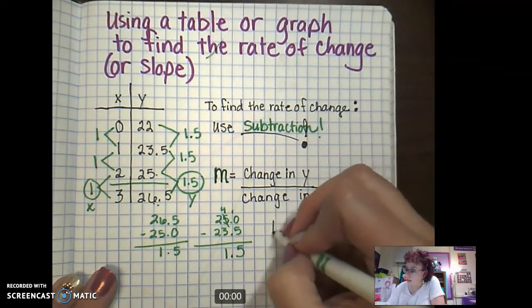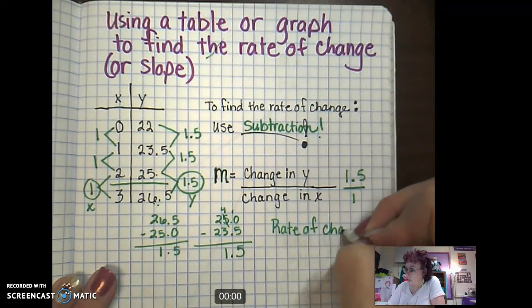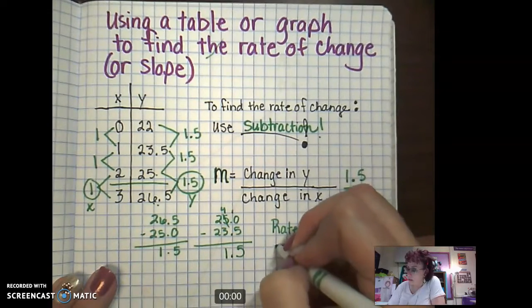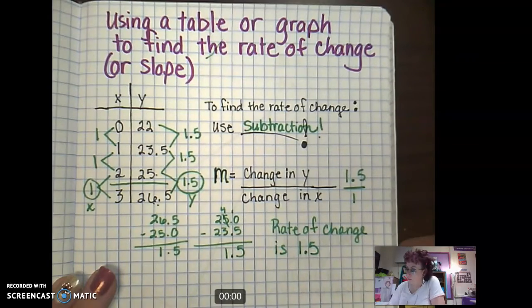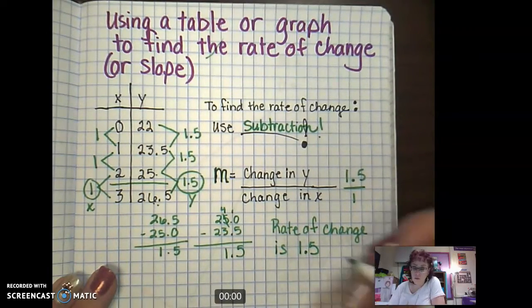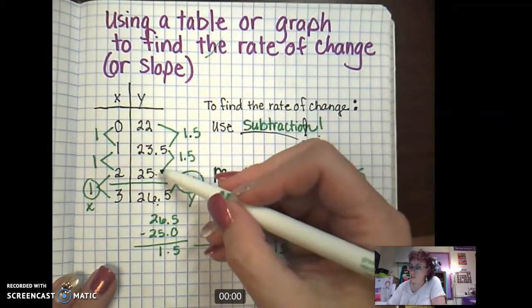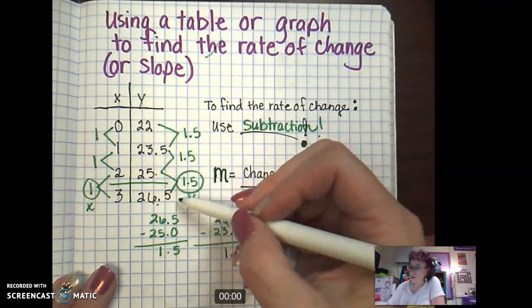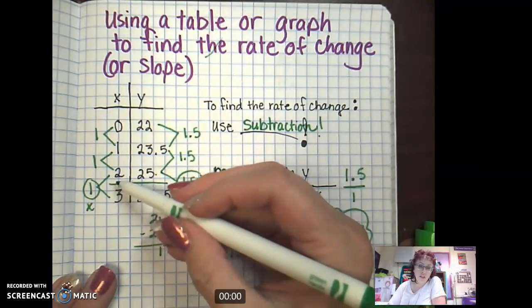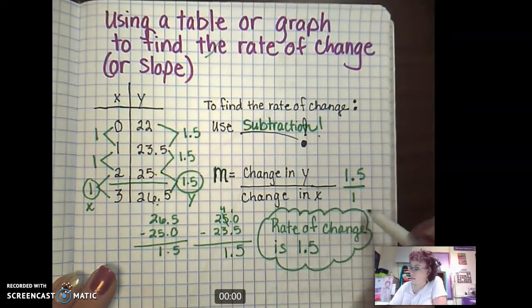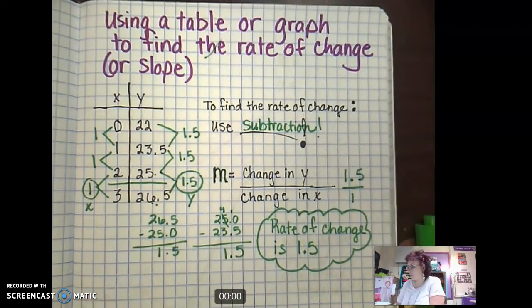So we could just say that the rate of change is 1.5. And that's what I'm looking for. So you're doing the subtraction, you're finding the difference in the y values, and that's going on the top. You're doing subtraction to find the change in the x values, and that's going on the bottom. That's how you determine rate of change with a table.